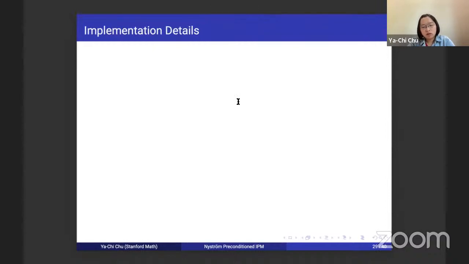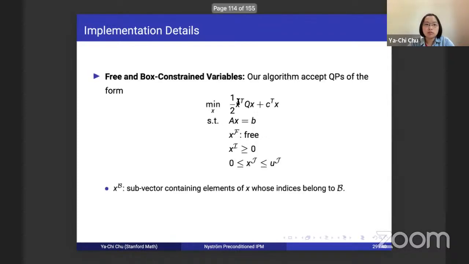Okay, so before I directly show the result, I just want to quickly mention a little bit about the implementation details here. When we run our algorithm, we not only accept non-negative variables, we also accept free variables and box constraint variables like this.